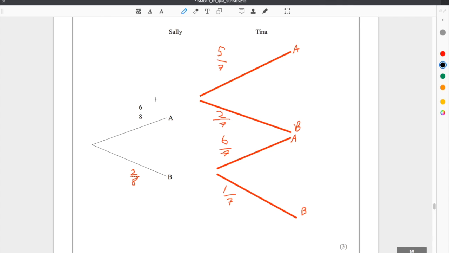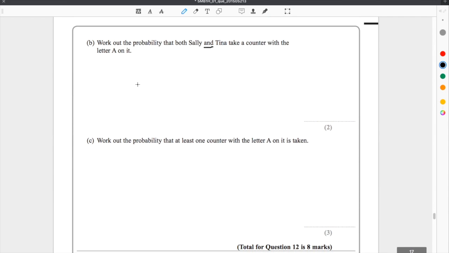Well, the probability of Sally taking a counter with the letter A is 6 out of 8. For Tina, it's 5 out of 7. So Sally and Tina is 6 out of 8 multiplied by 5 out of 7, which is 30 out of 7 times 8, 56.